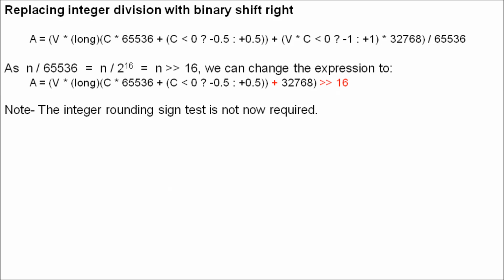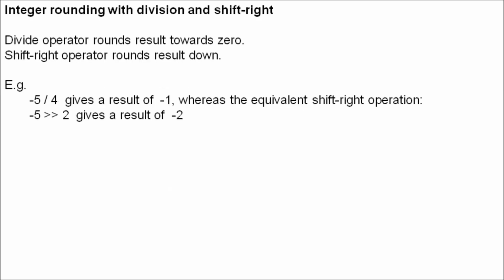And by doing so we can also remove the sign test from the integer rounding item so that it is always added to the numerator. The reason for this is that there is a subtle difference between the divide and the shift right operators.